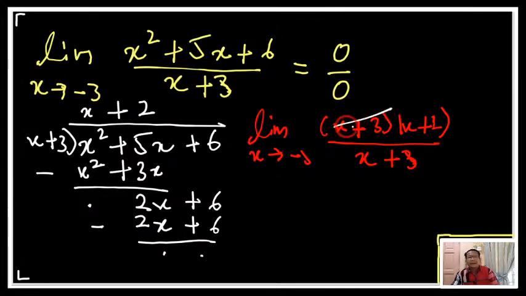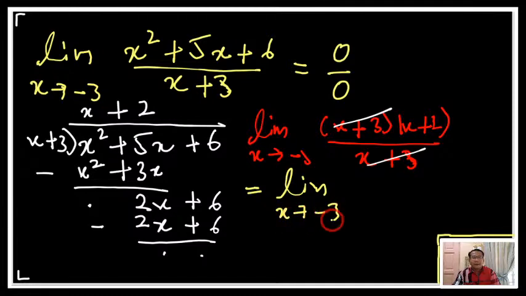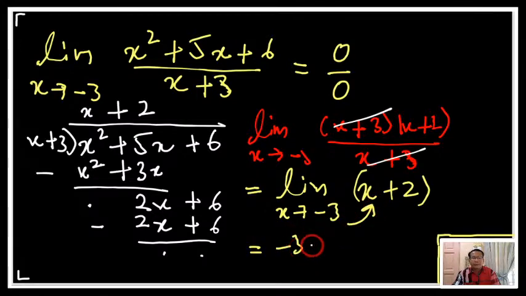If you can cancel, it means that you do this correctly. Otherwise, something is wrong. Because it's an exam question, you must be able to cancel. It's not real life. So this one equal to limit x approaches minus 3, x plus 2. Substitute minus 3 into x, you have minus 3 plus 2. So this one is equal to minus 1.